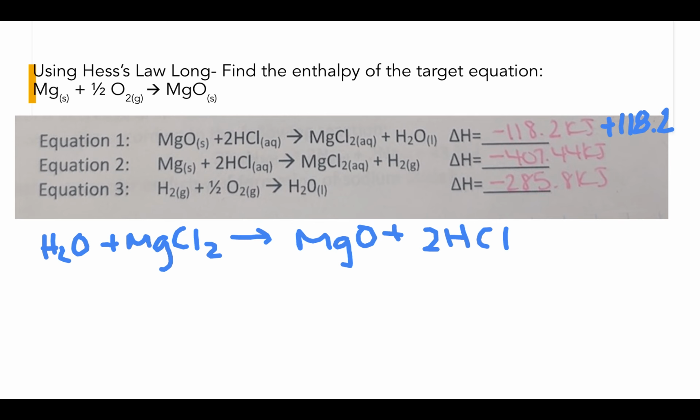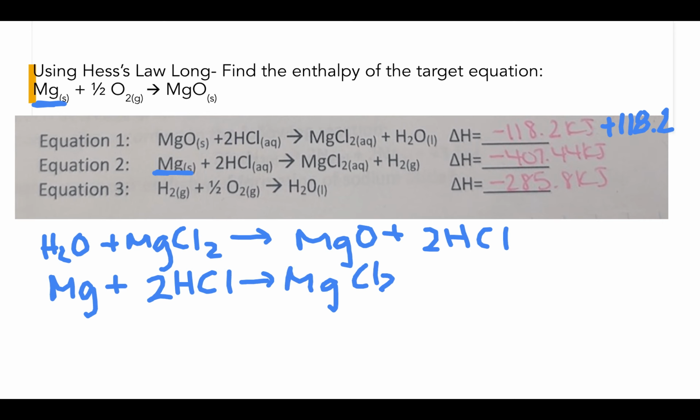Moving on to the next one, I have Mg as a reactant, and I want it as a reactant. So I'm just going to write this one down once more, how I see it. And I didn't do anything with this one, so I would just keep that value again as I see it. And then this last one with water.